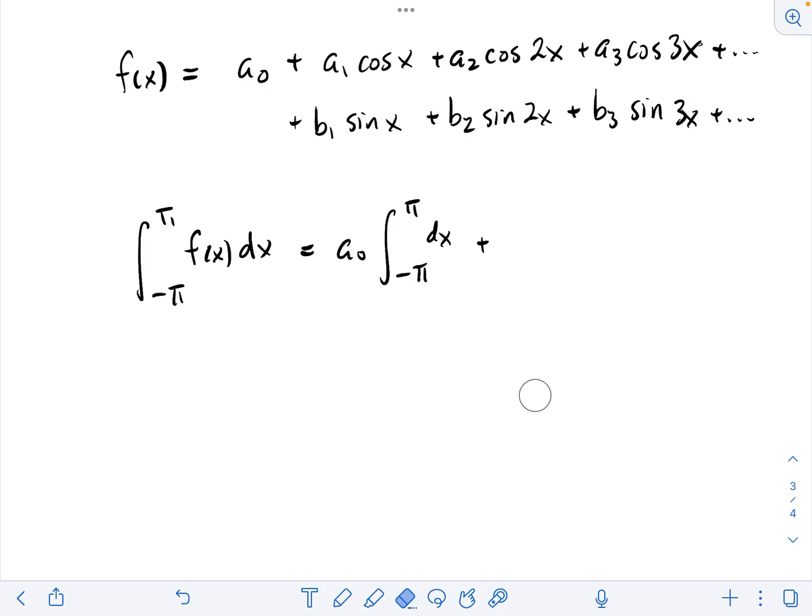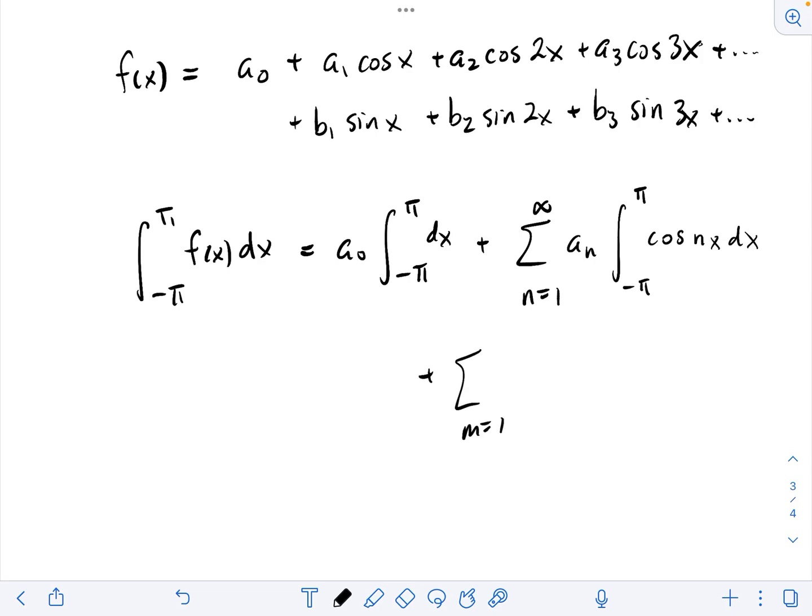So it would be plus the sum from n equals 1 to infinity of an, the integral of minus pi to plus pi of cos nx dx plus the sum of m equals 1 to infinity of bm from minus pi to pi of sine mx dx.